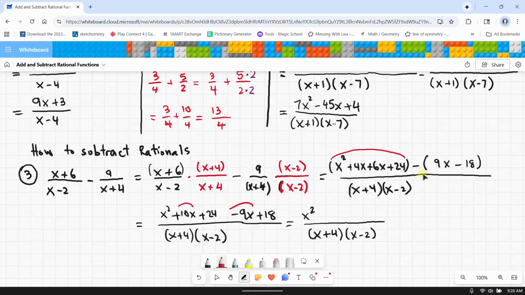We're going to have positive 1x. I can just write x, but I want to write 1x so you can see it. And now we need to combine this with this to get 24 plus 18 is 42. Then we finish. So that's how to add and subtract rational expressions.